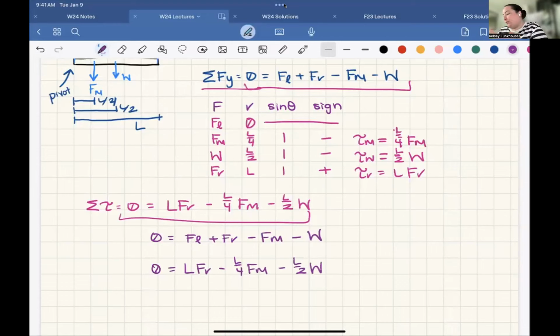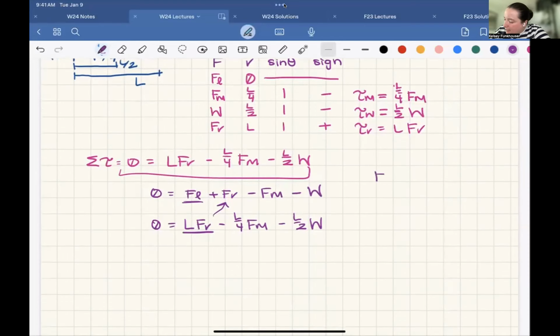So when I look at this, it looks like we could solve for FR and plug that in here, and then we can use that to solve for the force on the left side. Again, FM is big mg and weight is little mg. So let's rearrange this equation.